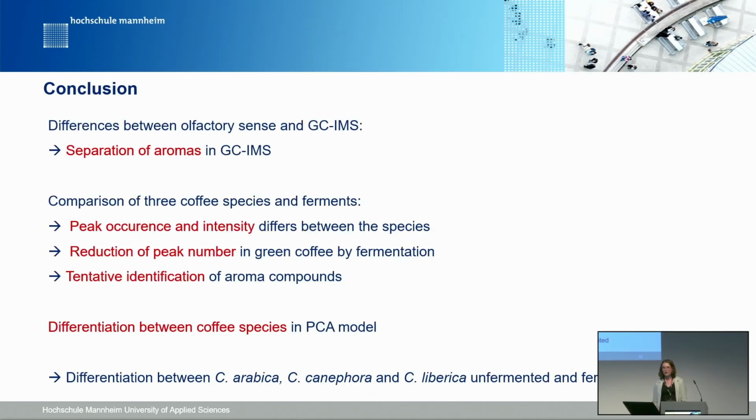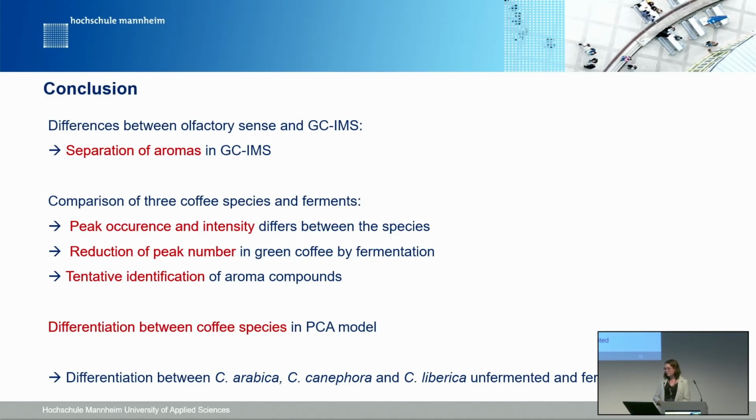And this already leads me to my conclusion. So there are differences between the olfactory sense and GC-IMS. I guess that is somewhat clear, and we want to use the separation of aromas in GC-IMS to help identify the differences that trained personnel can taste between those coffees.